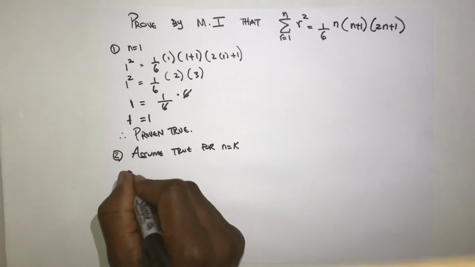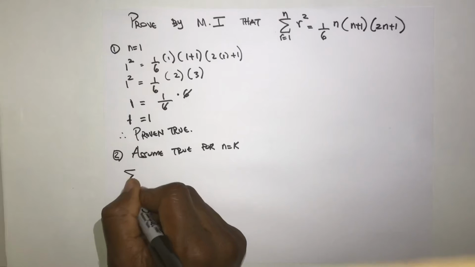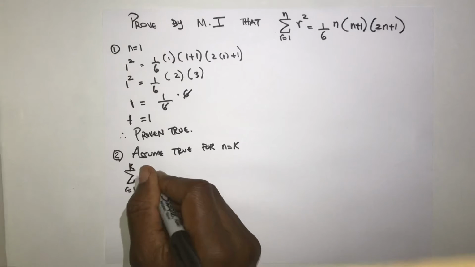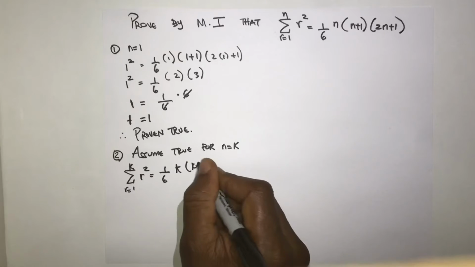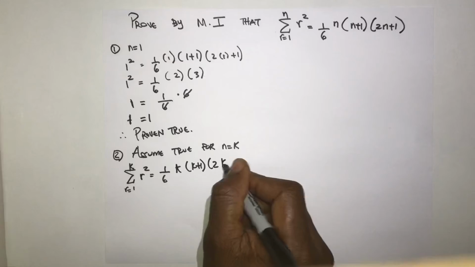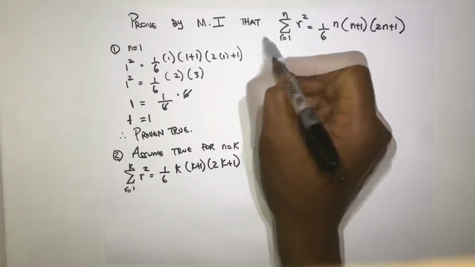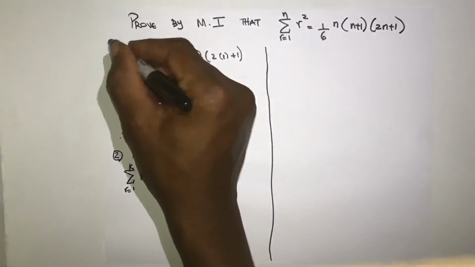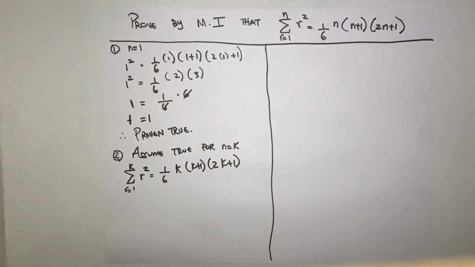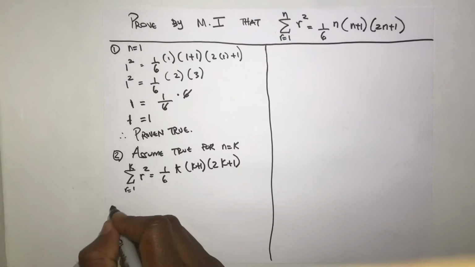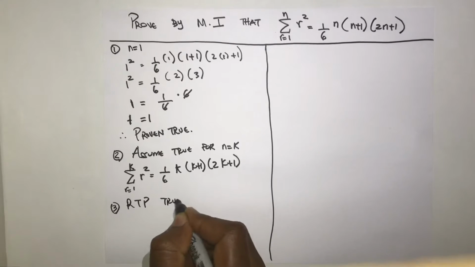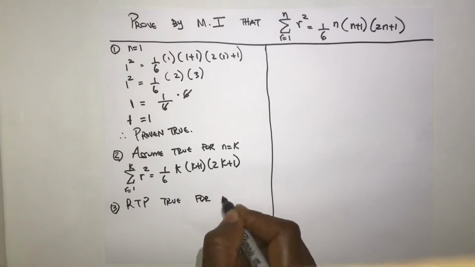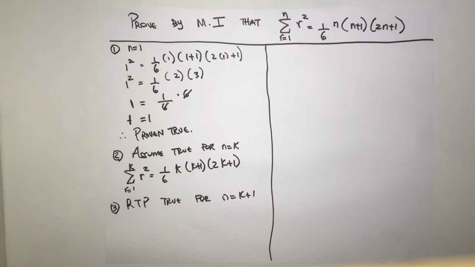So this will be the sum of r equals 1 to k of r squared is equal to 1/6 k times k plus 1 times 2k plus 1. Right? Now, once you assume true for n equals k, the third step is that you are required to prove true for n equals k plus 1.